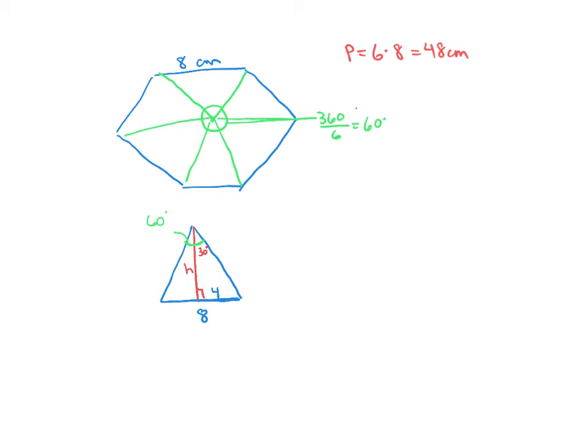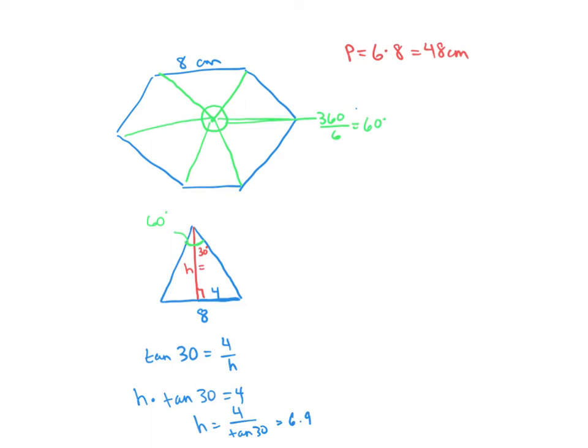If you use a trig function, you would say that the tangent of 30 degrees is equal to 4 over h. Then we would multiply by h and get h tan 30 equals 4. So the height is 4 divided by the tangent of 30, which comes out to 6.9.